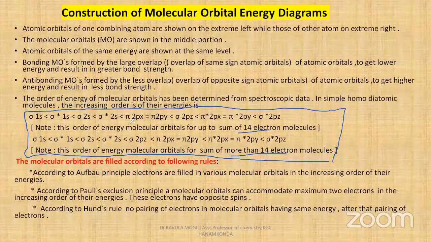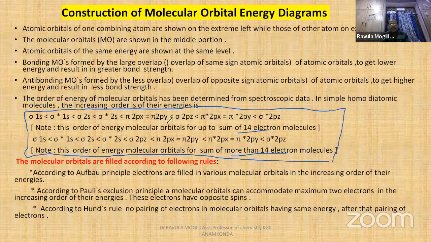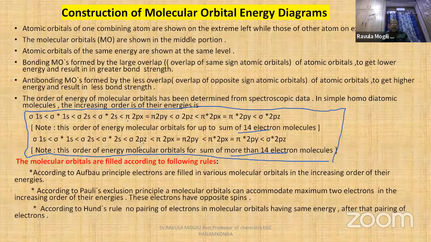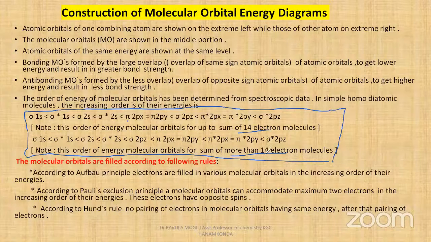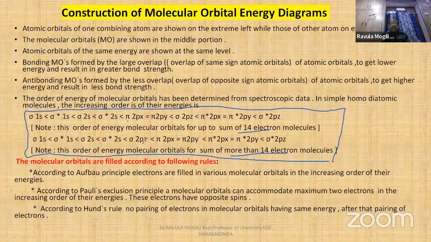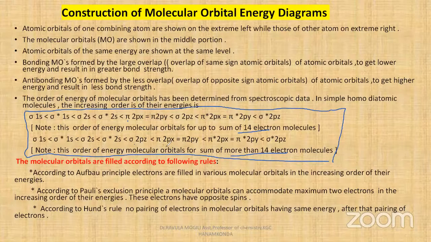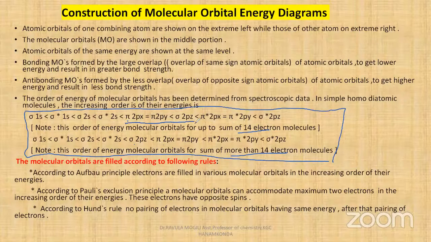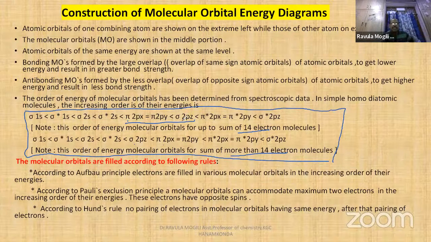For up to 14 electron systems, pi 2px and pi 2py have less energy comparatively than sigma 2pz. But for more than 14 electrons, sigma 2pz has less energy in comparison with pi 2p. There is a difference here. So up to 14 electron systems, pi 2px is equal to pi 2py, with less energy comparatively than sigma 2pz.